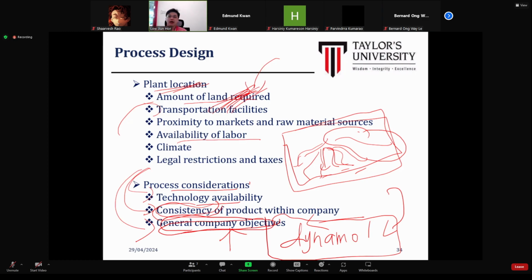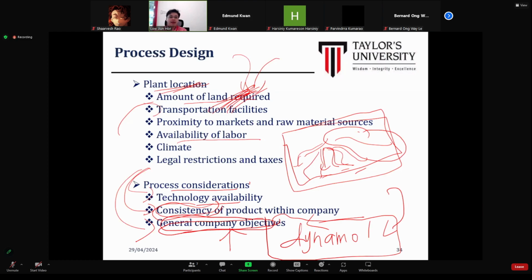And also some of the processes are very unique, we don't have any expert in the local market. Then in that case, we need to try to get experts from overseas, let's say from Europe, in order to assist us. So all this you can try to consider in order to support your decision making before you make the final decision to select the suitable process to produce your product.